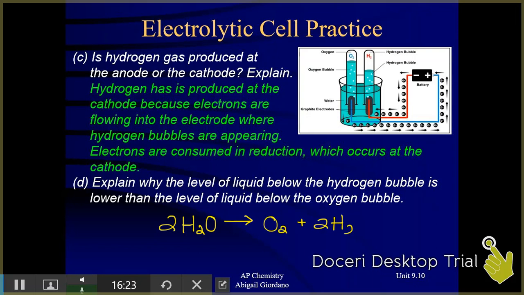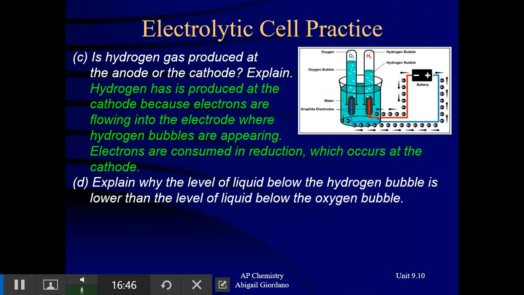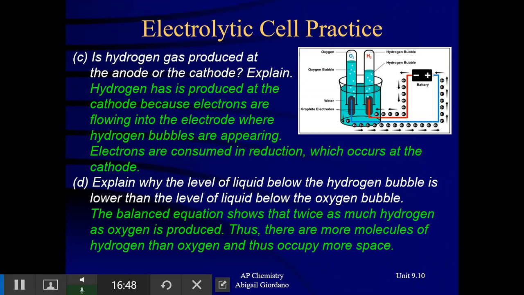Look at the coefficients. Oxygen and hydrogen are being produced in a 1:2 ratio. So the balanced equation shows that twice as much hydrogen as oxygen is produced. Thus, there are more molecules of hydrogen than oxygen and thus occupy more space. There is twice as much hydrogen as oxygen.